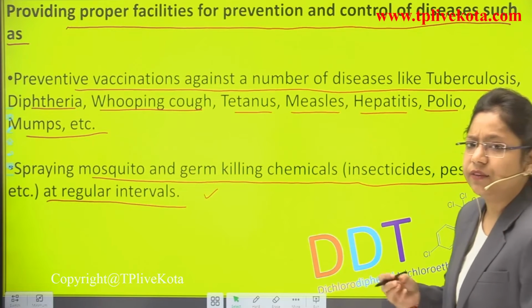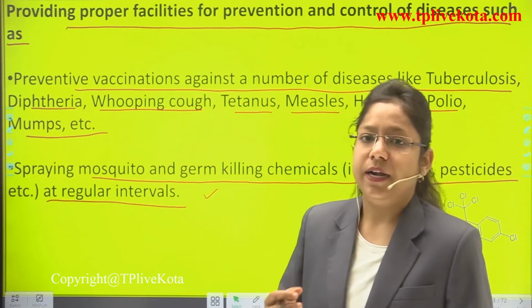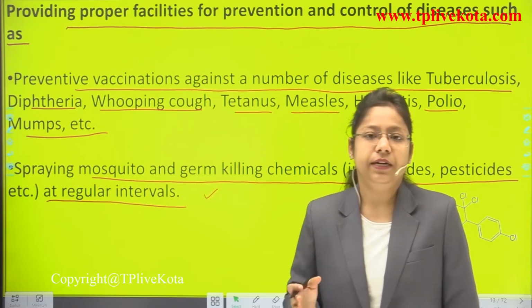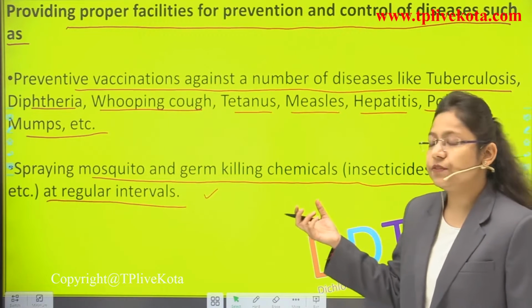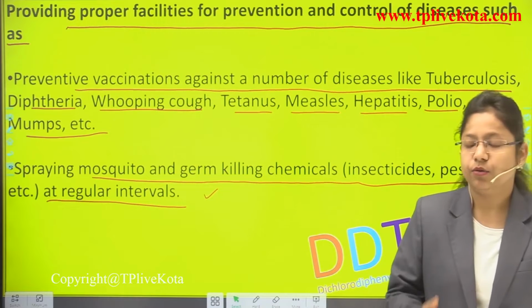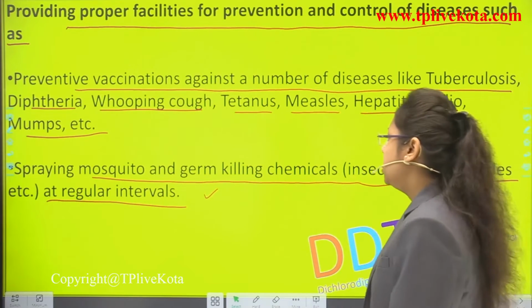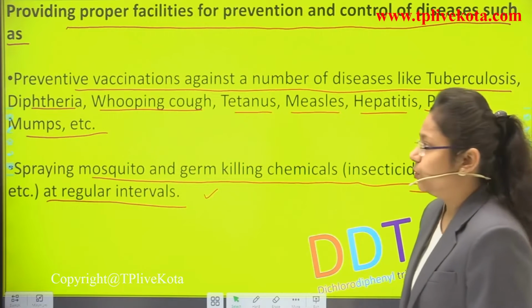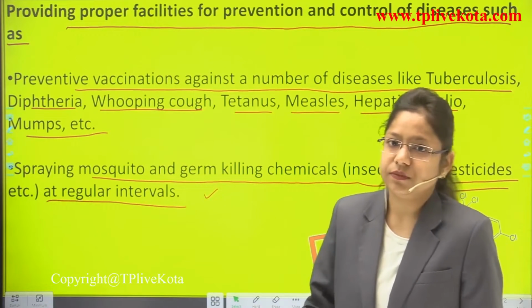Have you seen this thing, white colored powder? Okay, white colored powder is sprayed on the roads, okay, for preventing the diseases which are caused by the mosquitoes like dengue and malaria. These are very, very hazardous, so they should be done on the regular intervals. Okay, so these are the preventive measures we can take.